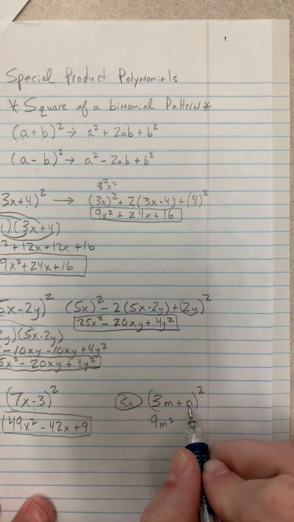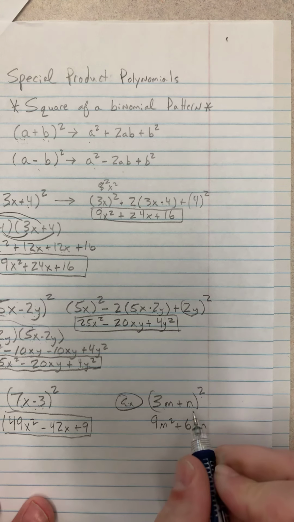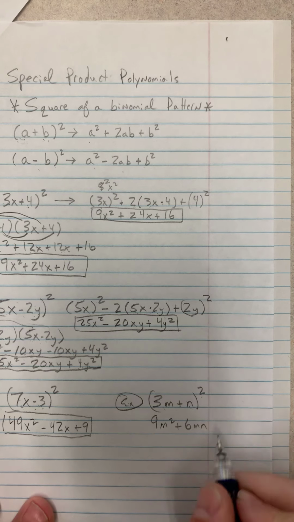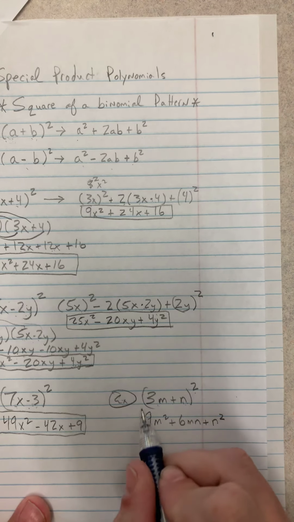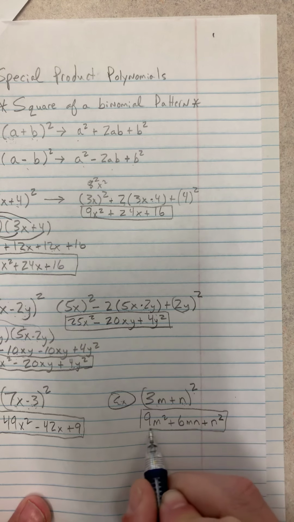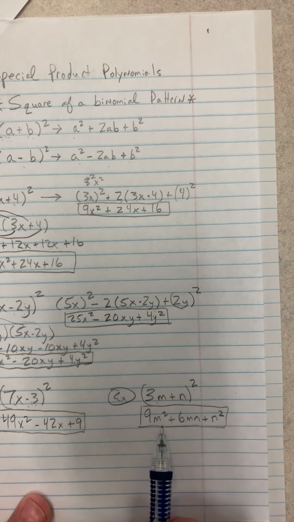I take 3m times n, 3mn, and then I double it. 6mn, and then I square my B term, plus n squared. And I got it.